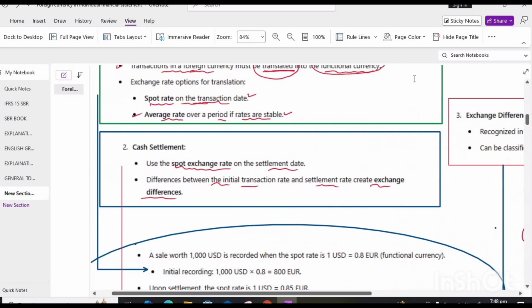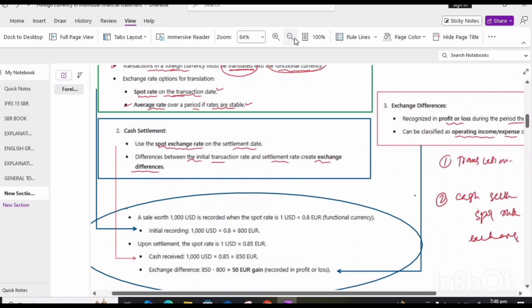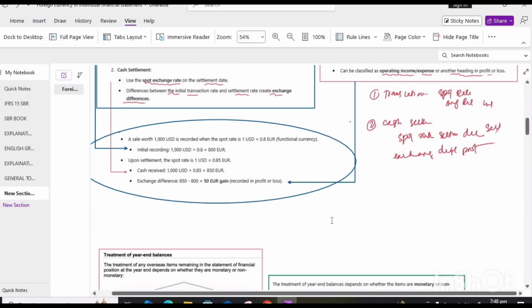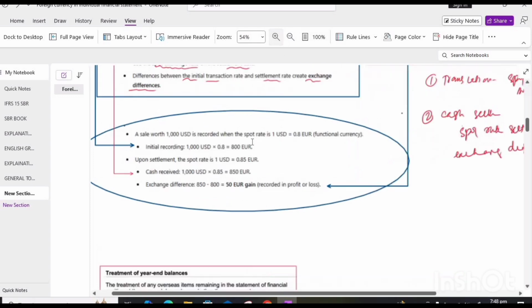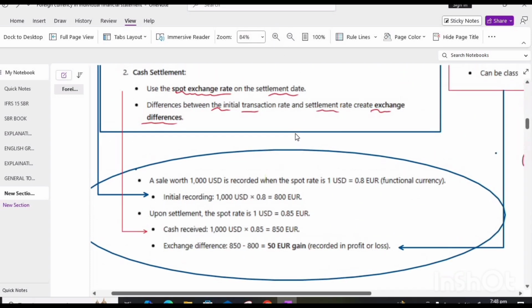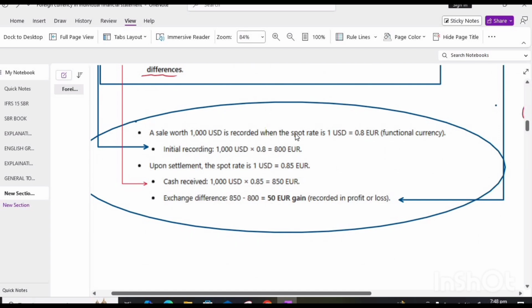I will show you an example here. Here we have an example of a sale. A sale worth this amount is recorded when the spot rate is $1 equals 0.8 euro.